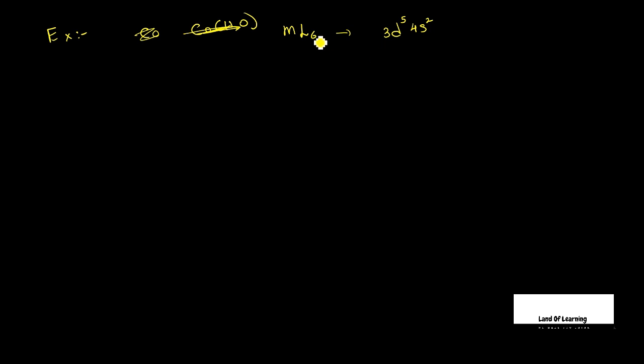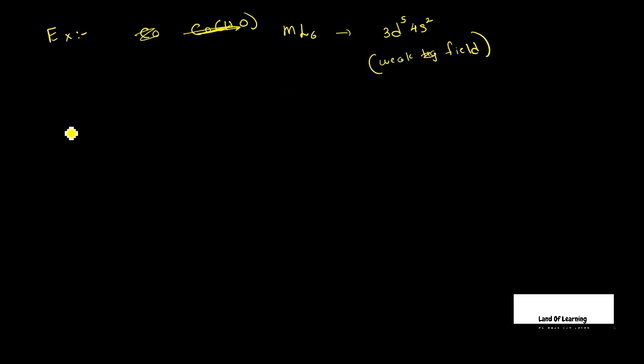I'm telling you this complex is a weak field ligand complex. Now I'm asking you whether this complex contains a strong Jahn-Teller distortion or a weak Jahn-Teller distortion. So pause the video and try the example.